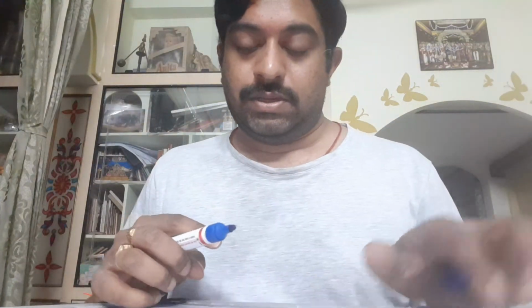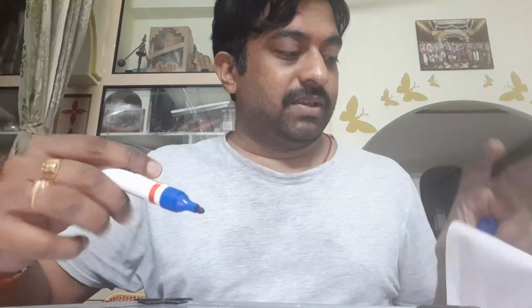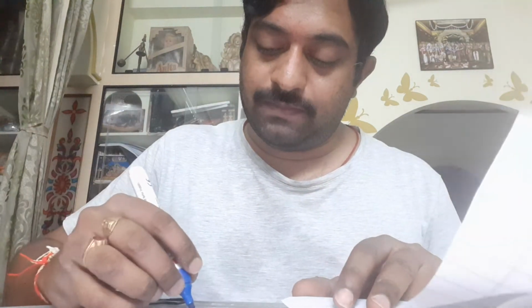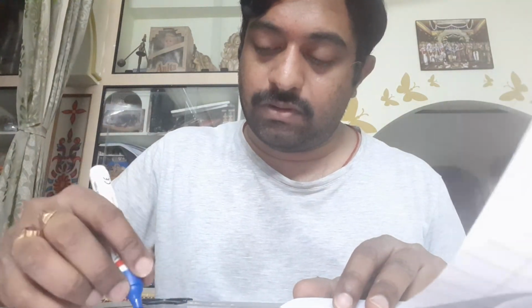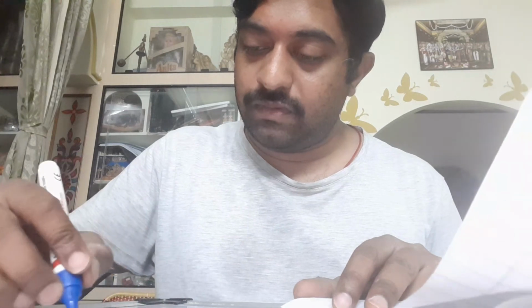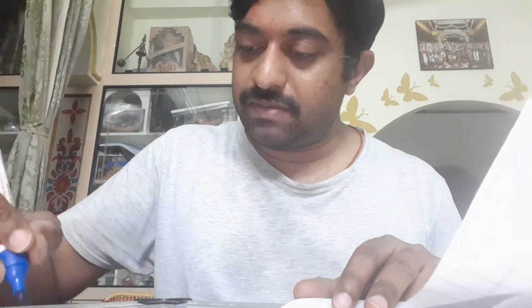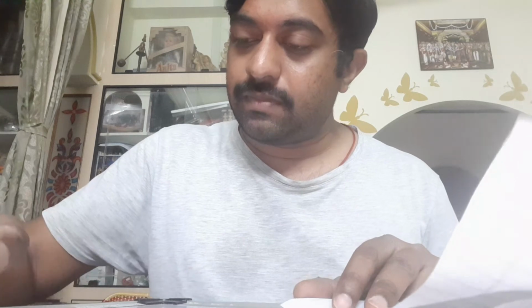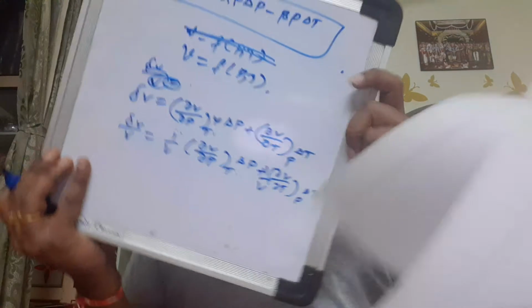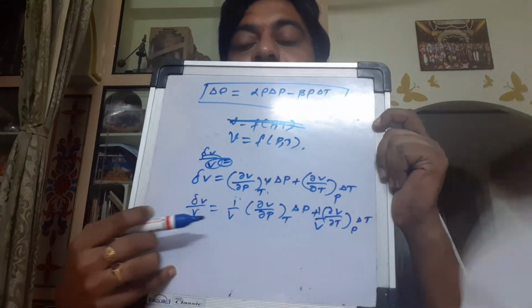Okay. So now I will divide all this by V. Delta V by V is equal to 1 by V dou V by dou P at constant temperature into delta P plus 1 by V dou V by dou T at constant pressure into delta T. Now V is missing inside, right?